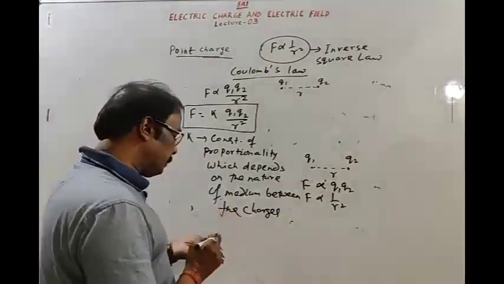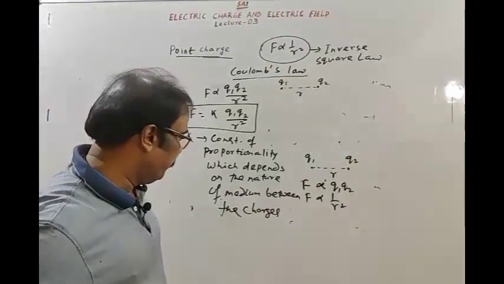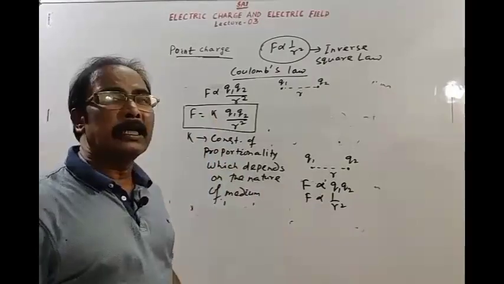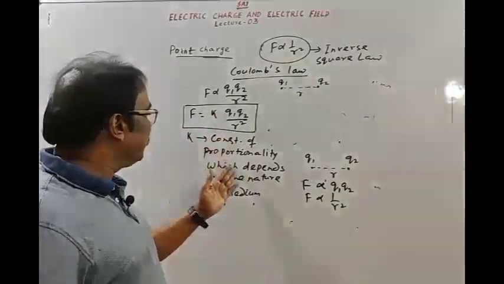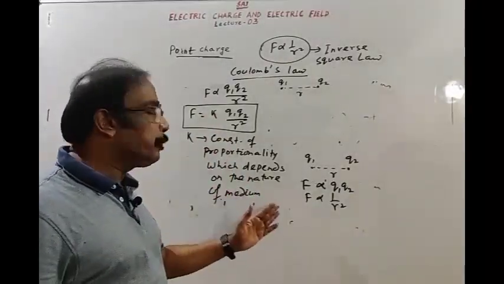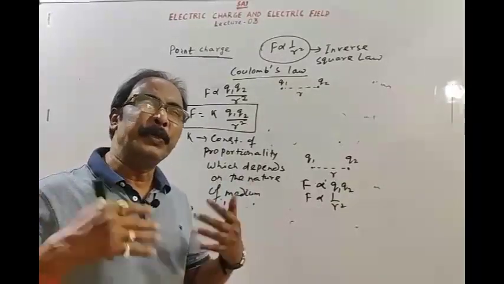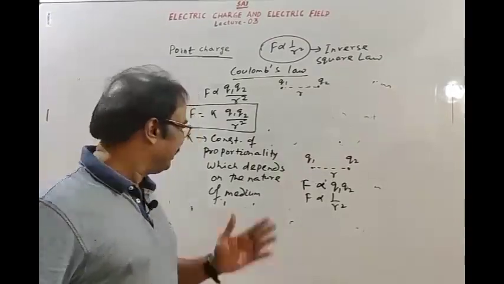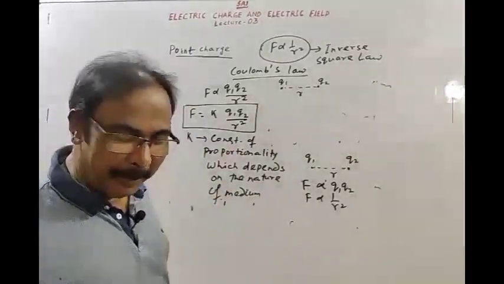This much is enough. Where K is the constant of proportionality, which depends upon the nature of medium, means in which medium the charges are placed. K depends upon nature of medium.